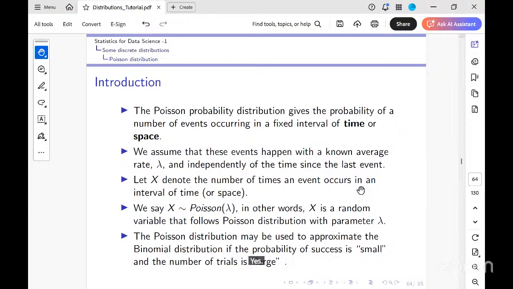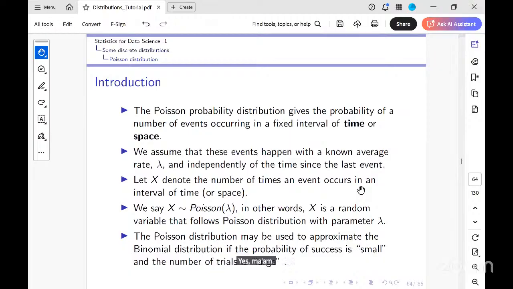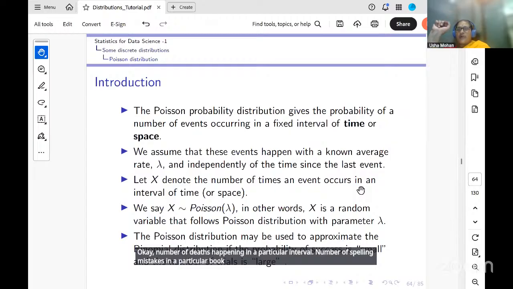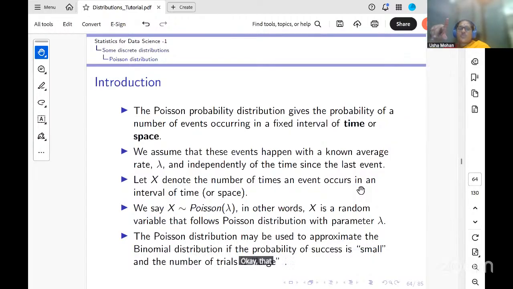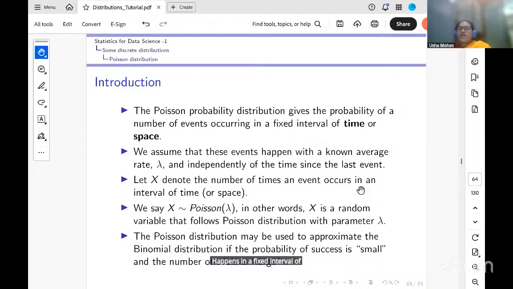And what are you counting? The number of vehicles passing. Or the number of deaths happening in a particular interval. Or the number of spelling mistakes in a particular book, which is an interval of space. Is that clear? The number of times this happens in a fixed interval of time or space is what we refer to as a Poisson random variable.